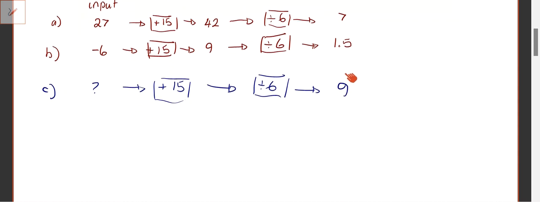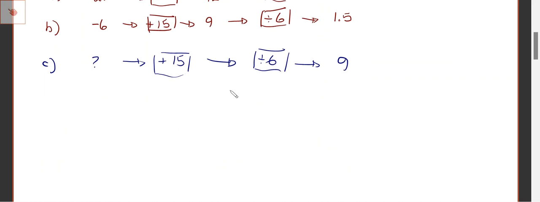So what I told you to do with the function machine is to work backwards. So 9, we have to undo. What's it called? Undoing, we do the what operation? But you're right, the inverse operation. What's the inverse of dividing by 6? Multiplying by 6.